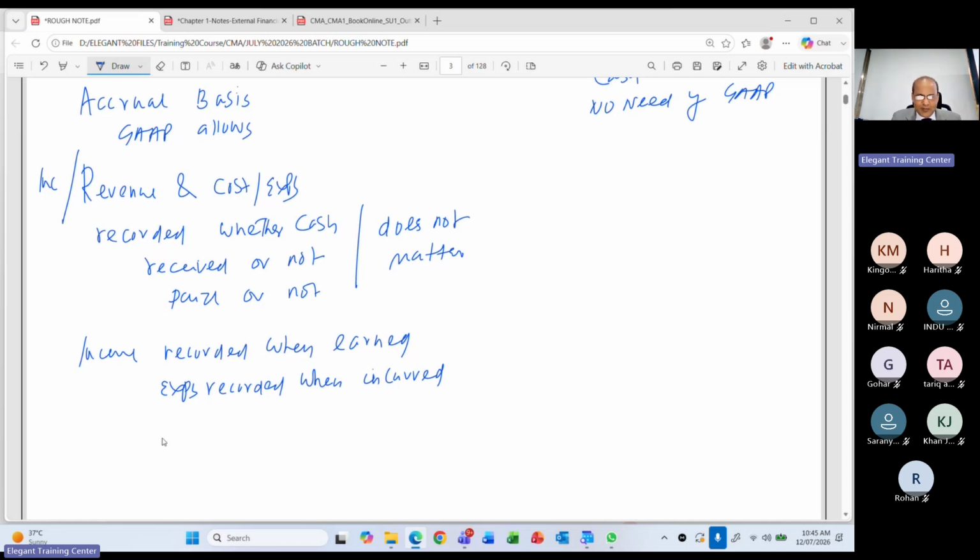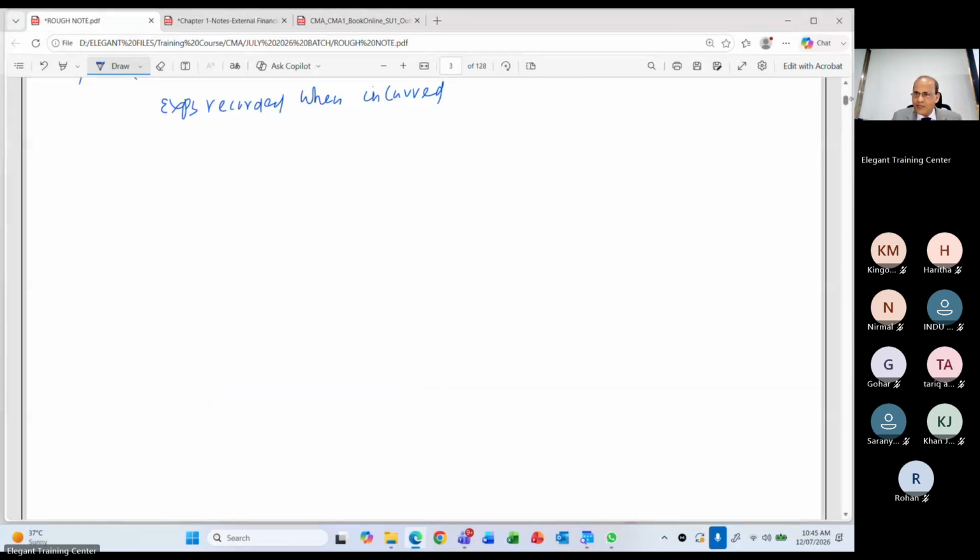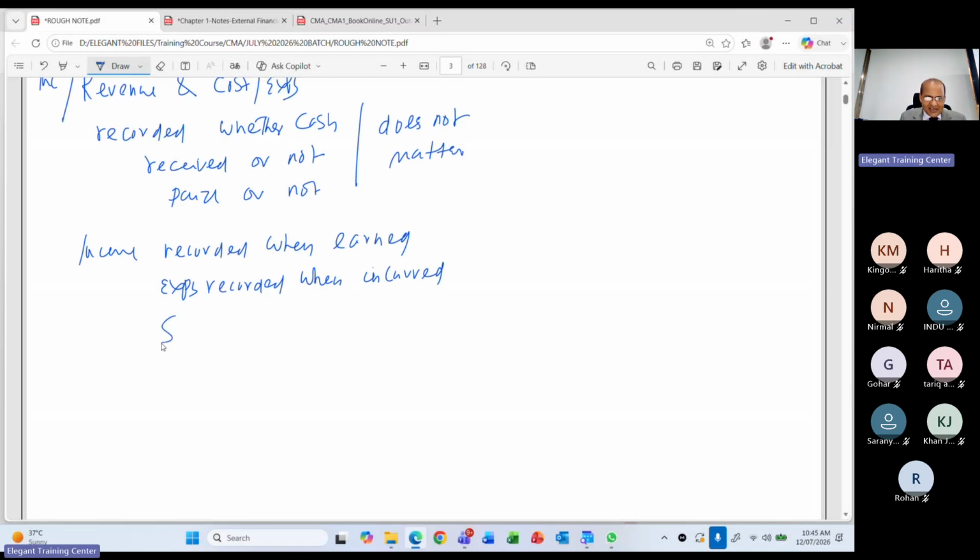Let's say, for example, sales can be cash sale and credit sale. Now, are you recording both or not? In your accounting books, you are recording both. That is called accrual. Cash sale means you are getting cash now. Credit sale, you are getting cash later.